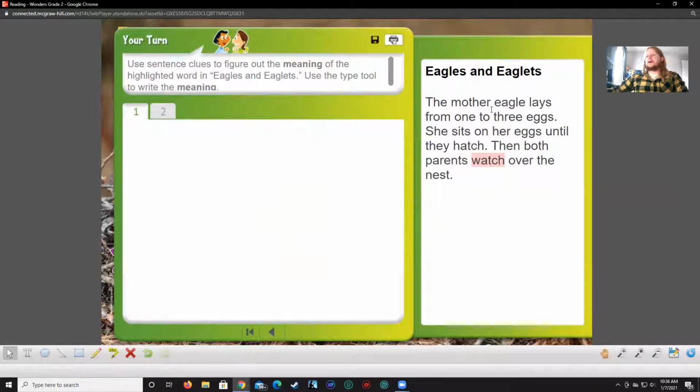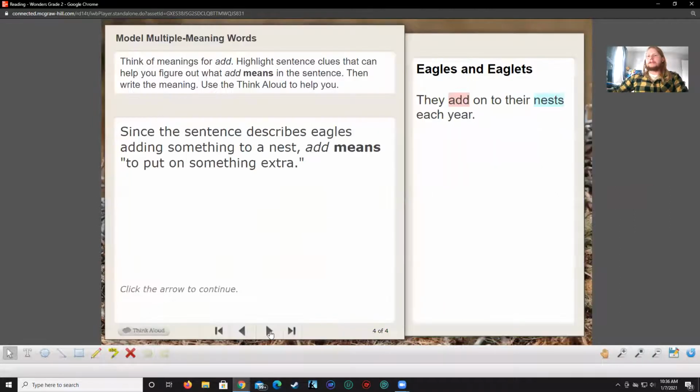All right, so it won't let me go to 151, so we're going to read the page on 150. The mother eagle lays from 1 to 3 eggs. She sits on her eggs until they hatch. Then both parents watch over the nest. There's a couple meanings to watch.